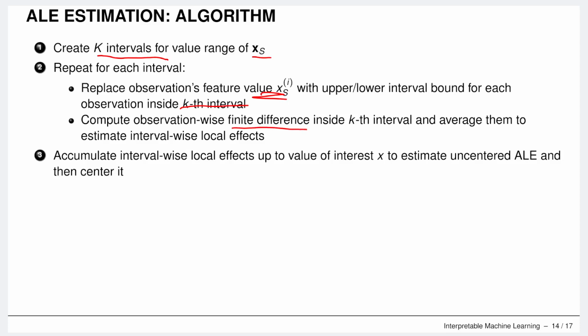And for each interval, we average all these finite differences to obtain per interval an approximate local effect. In order to obtain a curve that we can visualize, we accumulate the interval-wise local effect up to the value of interest, and then use the aforementioned formulas to compute the uncentered AL and center it to have zero mean.